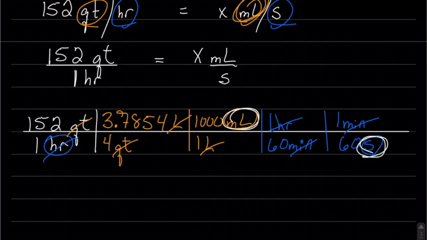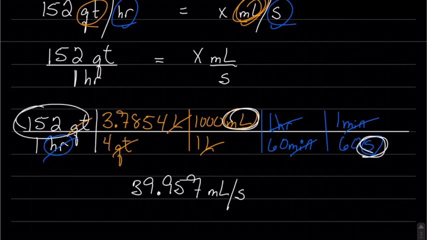So now we just plug and chug. And when I put that in the calculator, I got 39.957 milliliters per second.